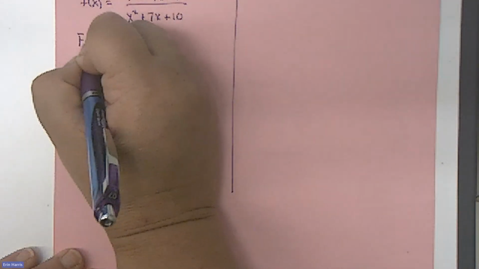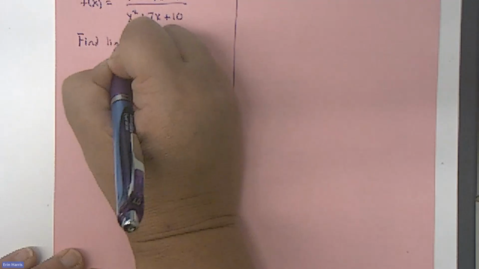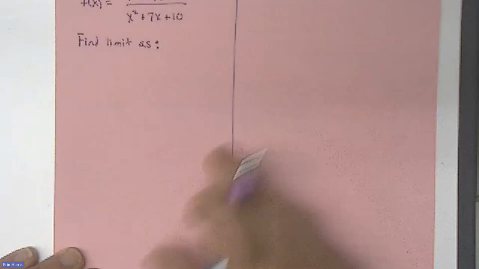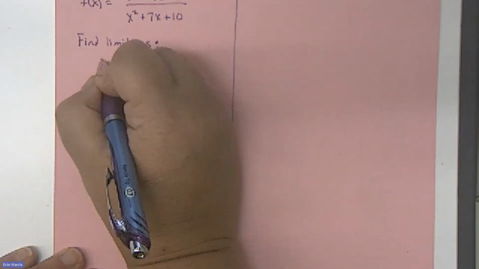We are going to find limits, and I'm going to give you a whole bunch, and then you're going to try to say what's happening graphically at that point.